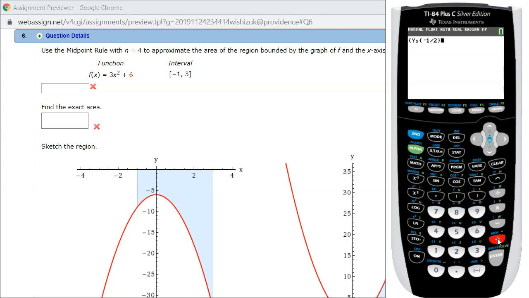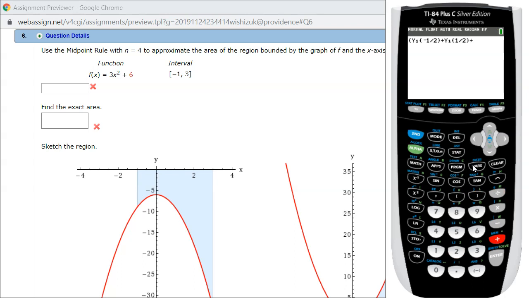All right, we got that, and plus. For the next one, we have to do vars again. So go to y vars, function, and y1 again. Then we put the next midpoint, which would be +1/2, so I put 1/2 there and plus.